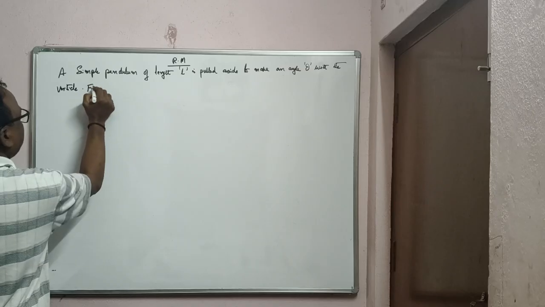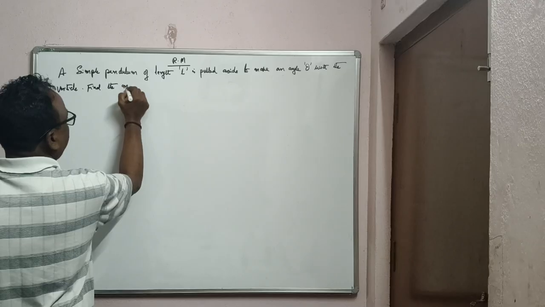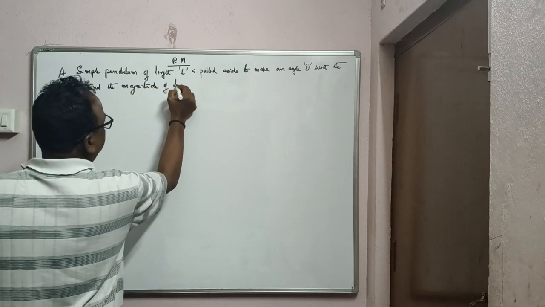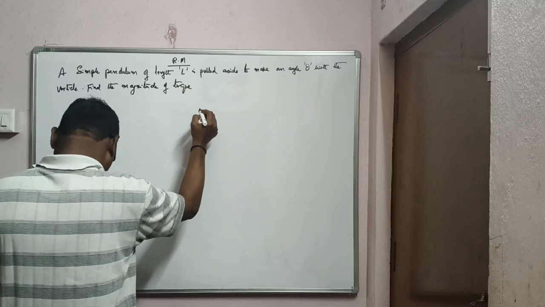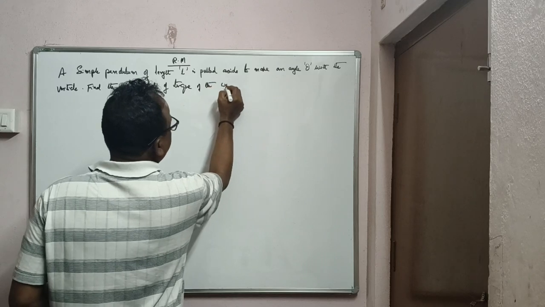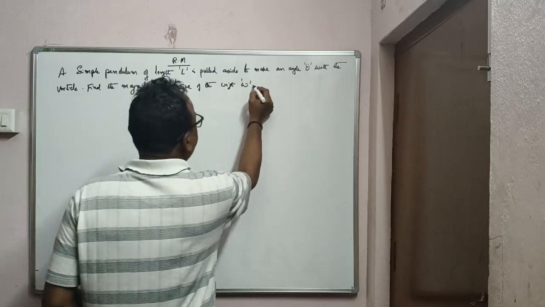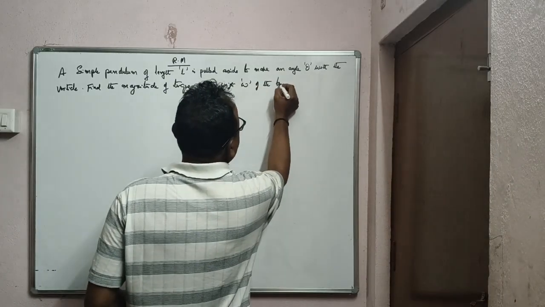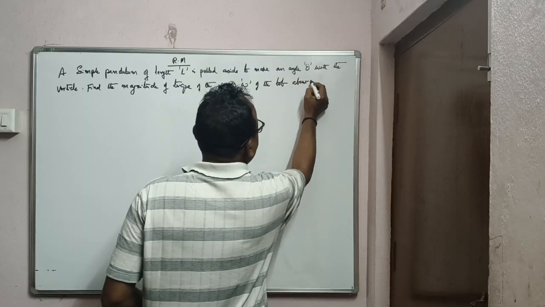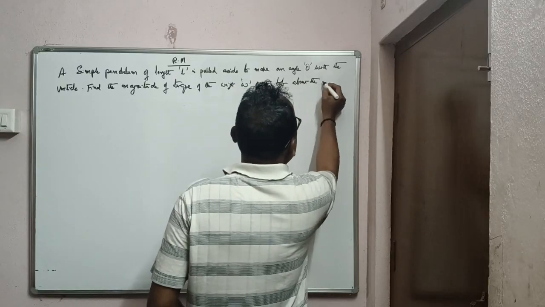Find the magnitude of the torque of the weight W of the bob about the point of suspension.